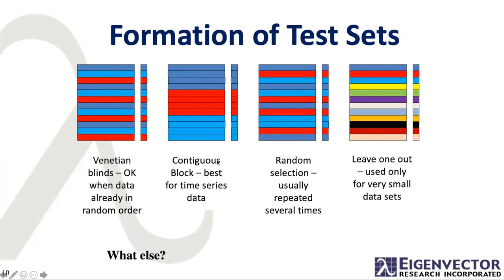Another way to do this is to use contiguous blocks, and that is actually best for time series data. If you have data from a process where you could have autocorrelated noise, meaning, for instance, process disturbances that take time to decay, then you typically want to divide your data set into contiguous blocks, because otherwise the noise, your errors, on adjacent samples is correlated.